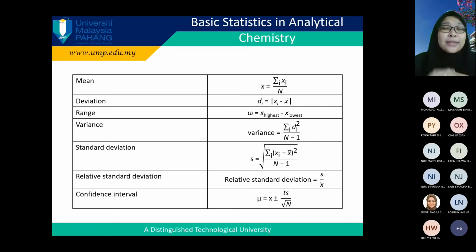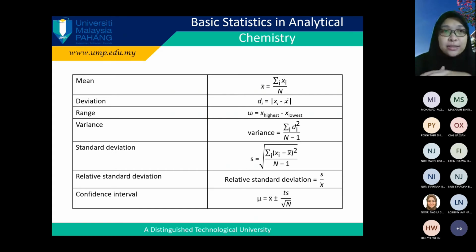Now we look at the basic statistics in analytical chemistry, where we use this to calculate or to get more accurate and more precise results. Okay, so we have a basic statistics: mean, deviation, range, variance, standard deviation, relative standard deviation, and confidence interval.